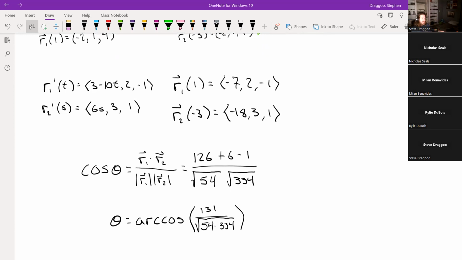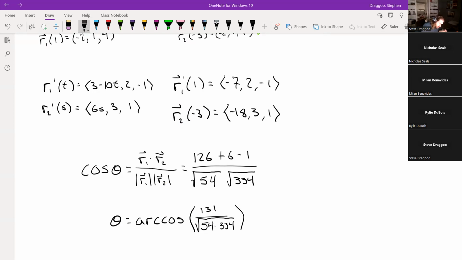Then I wanted the angle between the two curves where they intersect. That's where the derivative vectors come into play. So I need r1 prime and r2 prime, and then I'll look at the magnitude of those two things together. It also looks like I got lazy and stopped writing all the primes in. That's not very good.